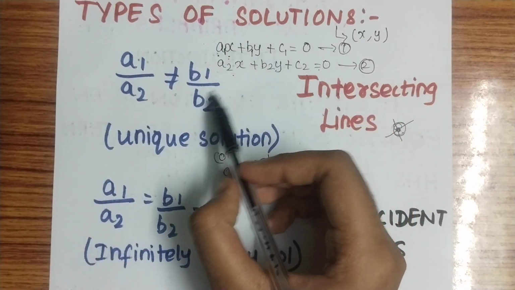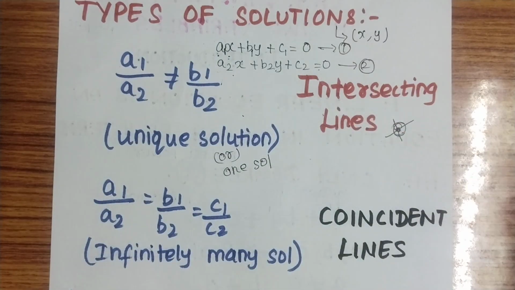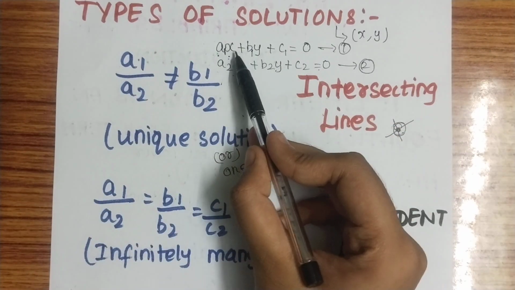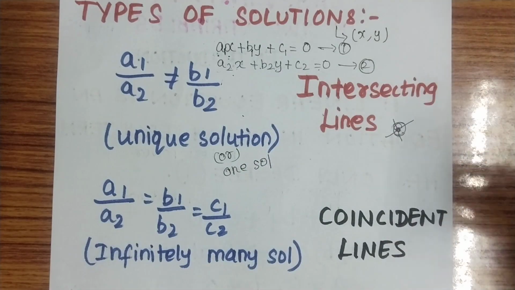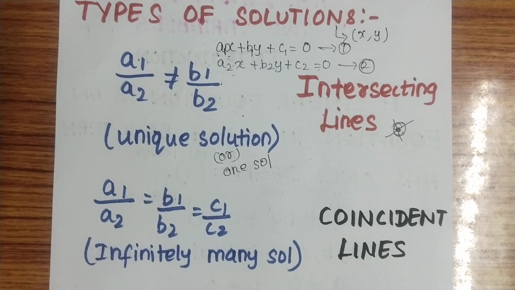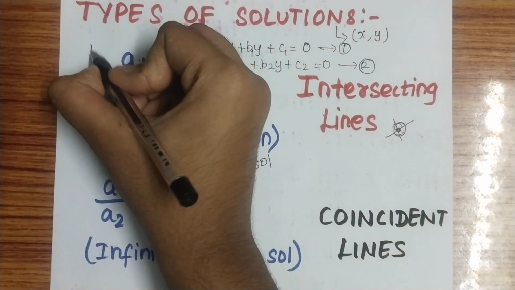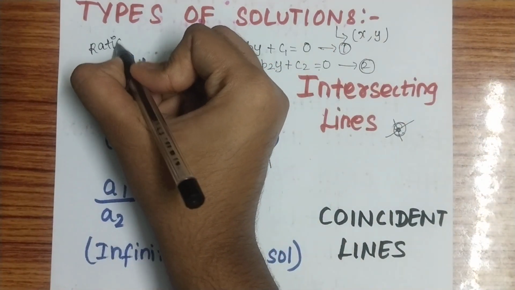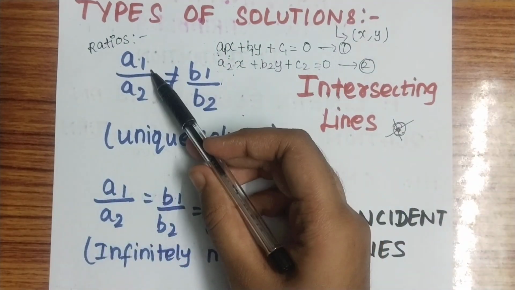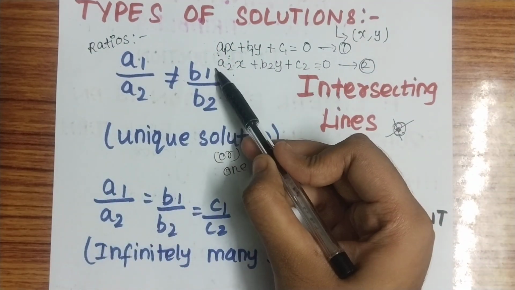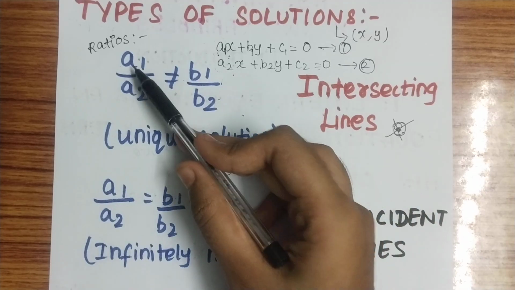Here is my condition, without looking at the graph. If they have given you only two equations and are asking whether it is an intersecting line or has only one solution, we can go through these ratios instead of plotting. Here a1/a2 is not equal to b1/b2.